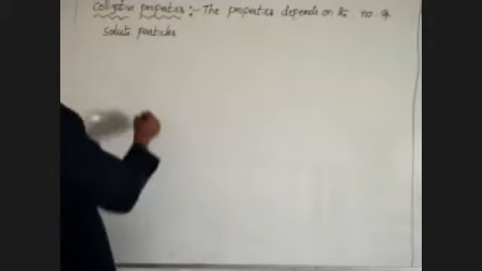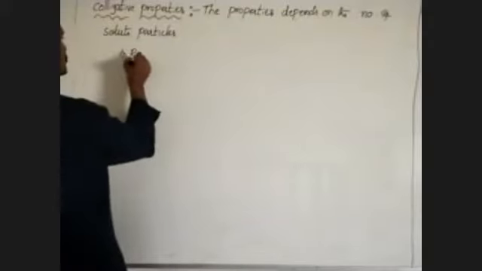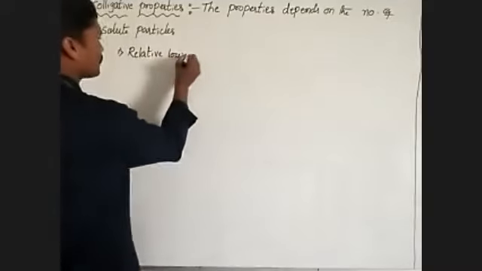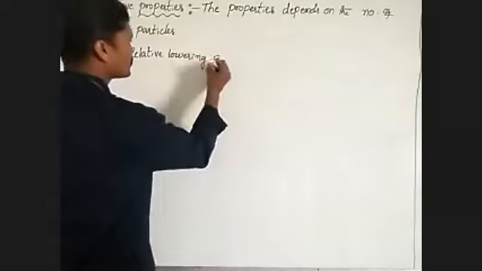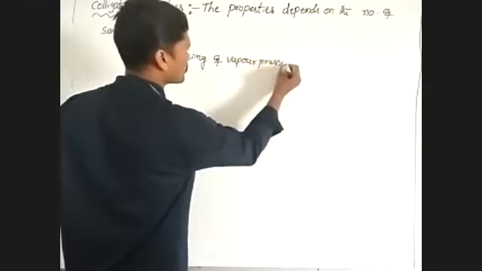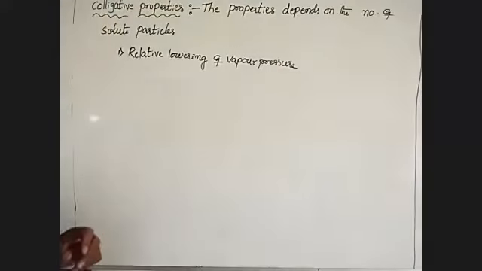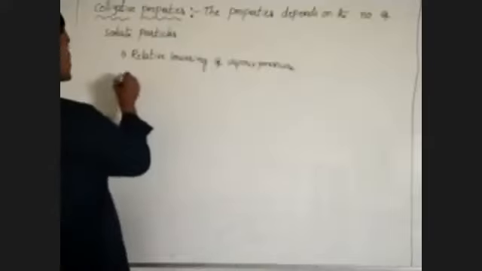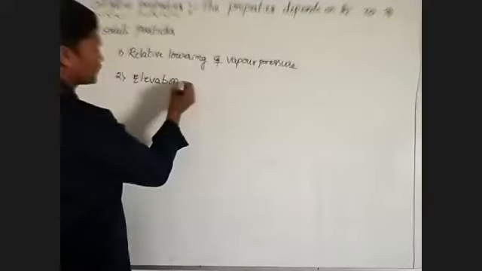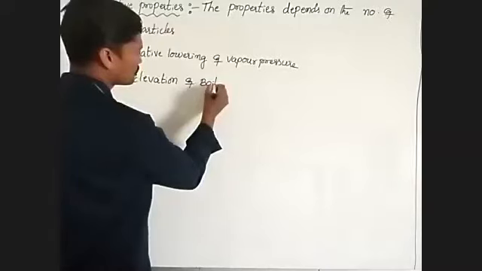Okay, colligative properties are four types. First one is relative lowering of vapor pressure. The second one is elevation of boiling point.